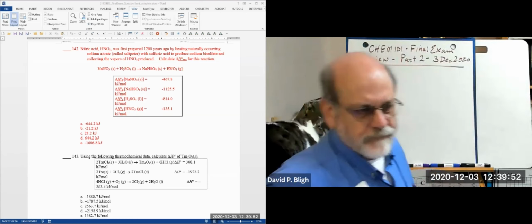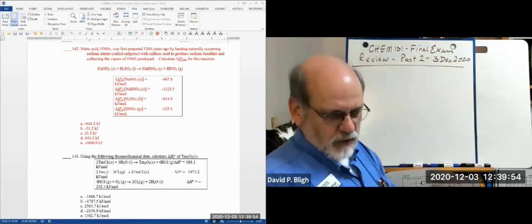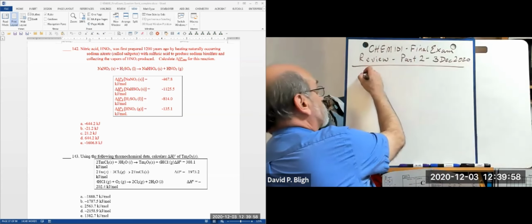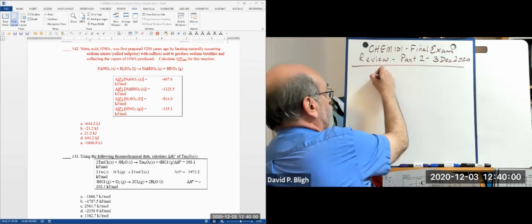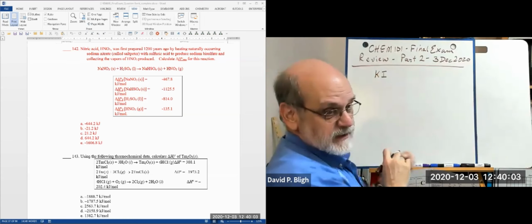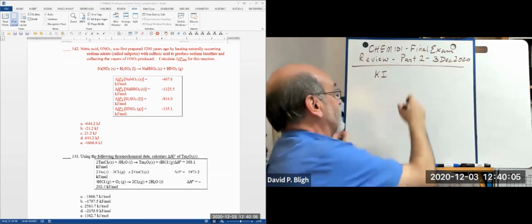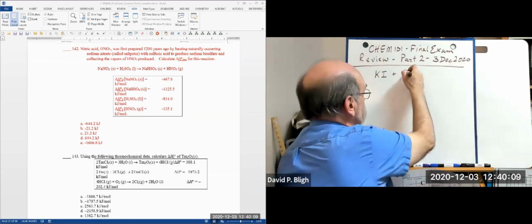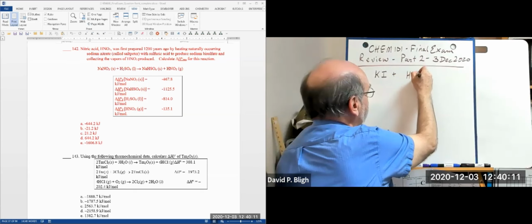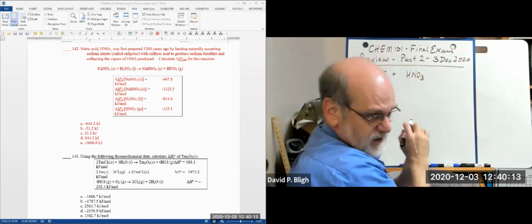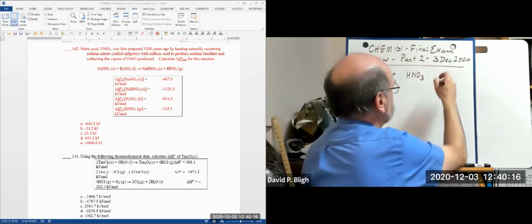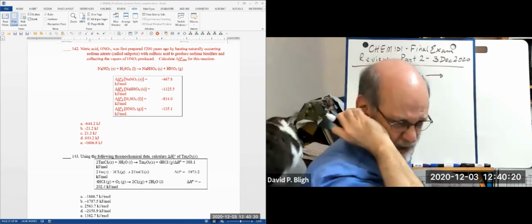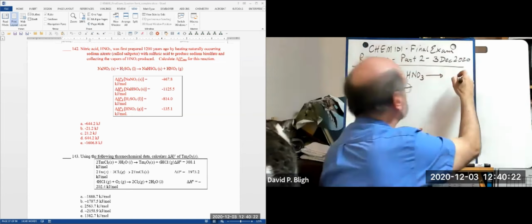So we have this reaction given to you, and it's not balanced yet. Potassium iodide, that's written correctly, and nitric acid. Those two yield potassium nitrate.